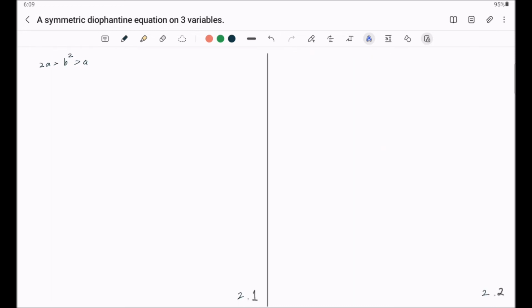And now we're going to establish an inequality that only involves B. How? We're going to look at this equation. We're going to move this A cubed to the right-hand side.